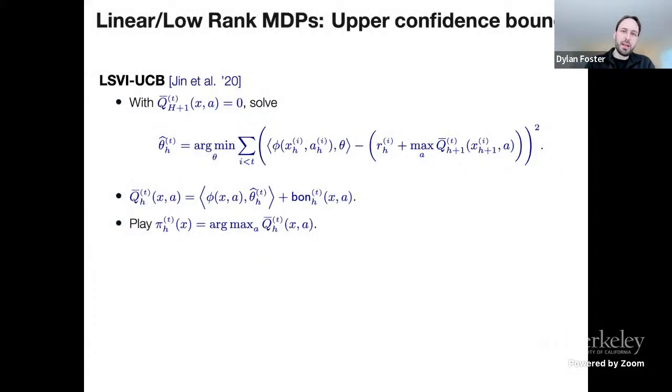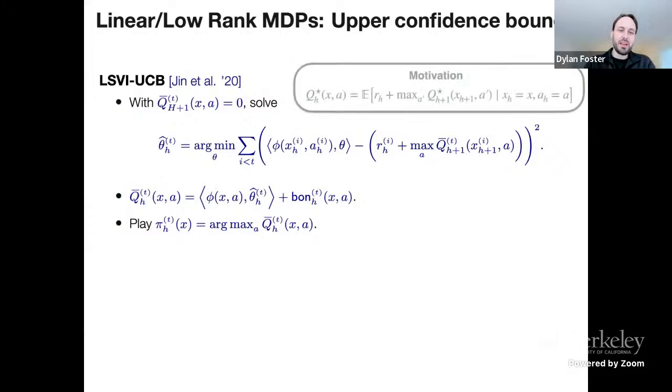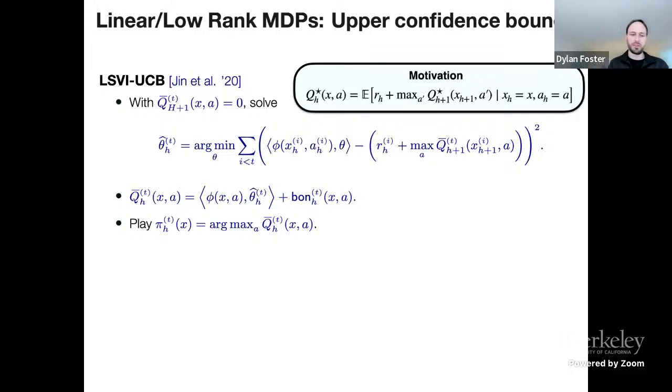This is a little complicated, but it's motivated by the Bellman equation. If I plugged Q star h plus 1 in place of Q bar, the Bellman equation tells me that Q star is what will minimize this squared error, up to some statistical deviations. So we're just simulating the Bellman equation.